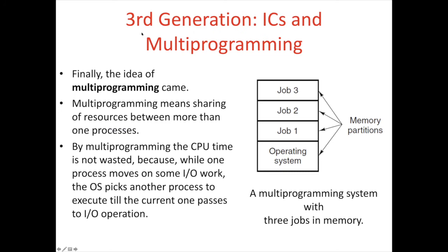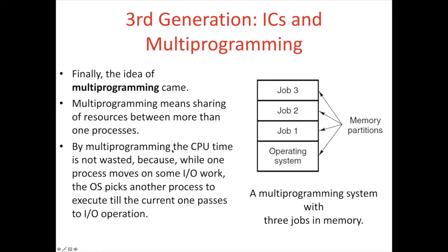The characteristics of the third generation computers are integrated circuits used in the computer hardware and multi-programming provided by the operating system. Finally, the idea of multi-programming came. Multi-programming means sharing of resources between more than one process.